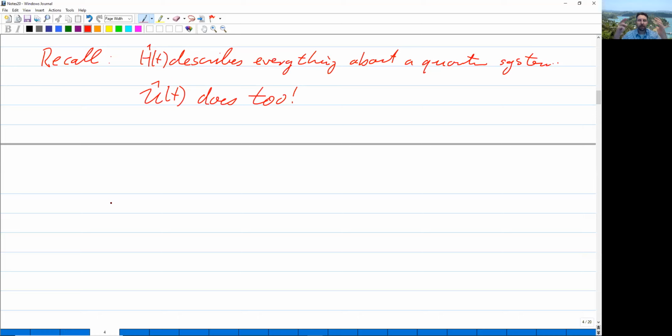Remember, the overall Hamilton principle was based on the idea that the energy expression of a given system, so the way that the energy is expressed in terms of kinetic energies and potential energies and the coupling energies between various subsystems, the energy expression contains all the information about the system, classically and quantum mechanically.